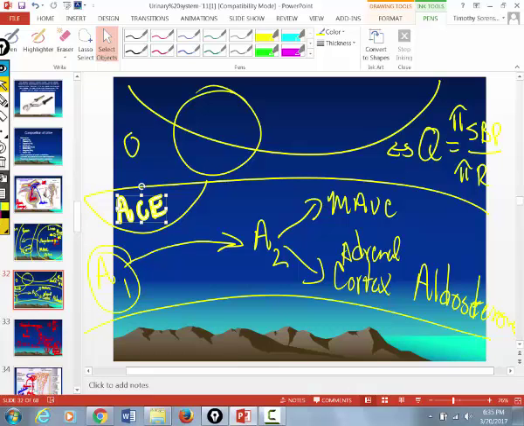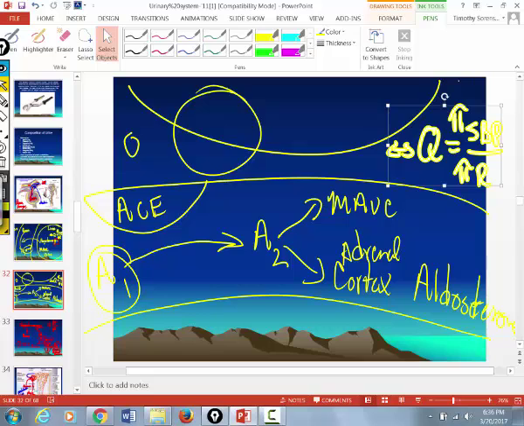Angiotensin 2 does two things. It is a massive arterial vasoconstrictor, massive. So it really makes those arteries smaller. So what happens to resistance of blood flow? Look at the arrow. And that increases your systolic blood pressure.